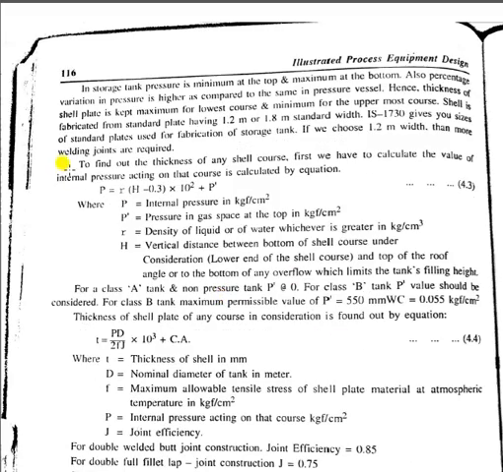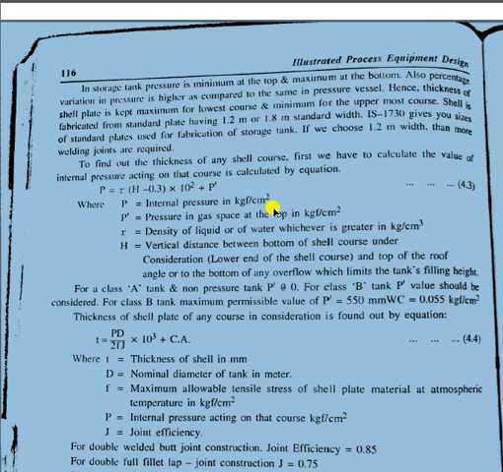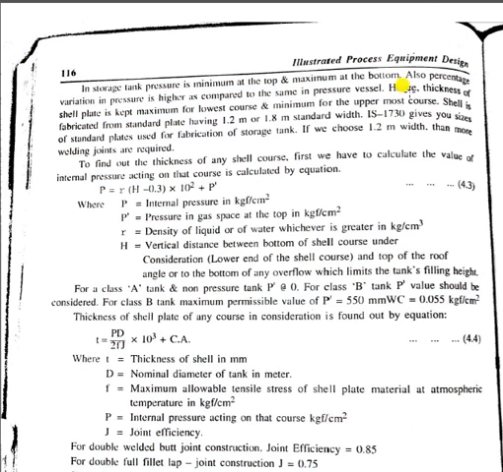Now, to find the thickness of any shell course, first we have to calculate the value of the internal pressure acting on that course, which is calculated by this equation.